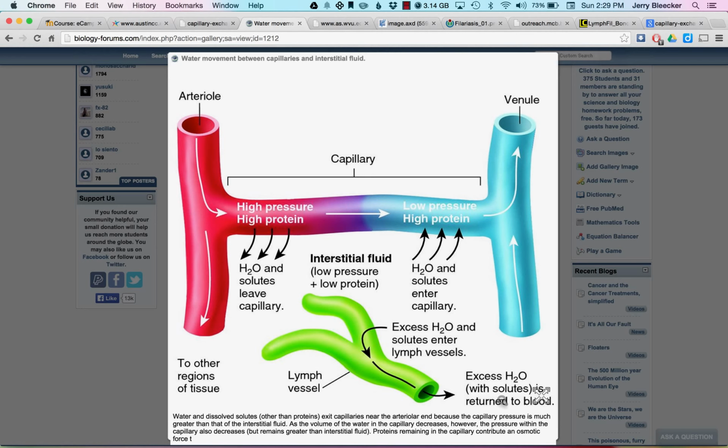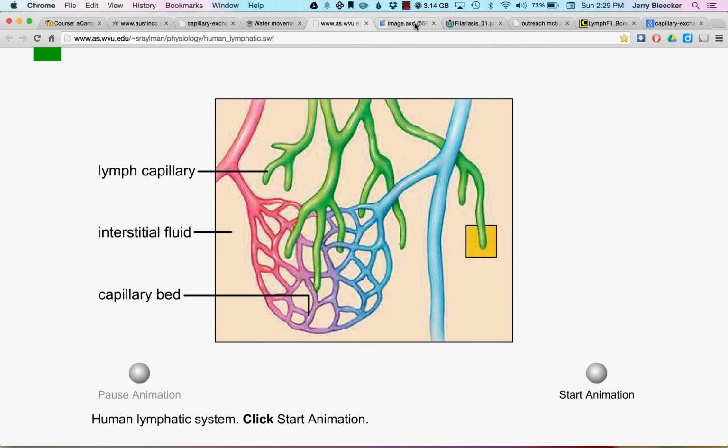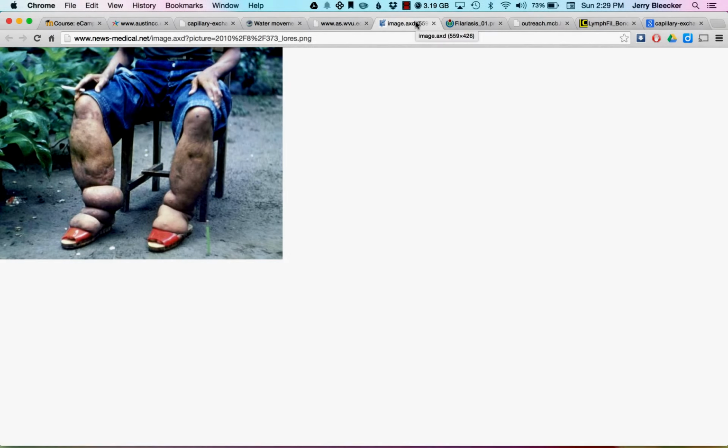Now, it's pretty important to do this because if you don't drain excessive fluid in the tissues, you may remember this from Biology 11, there's a tropical parasite called the filarial worm. If you're bitten by a mosquito, it can introduce this worm into the blood, and it makes its way into your lymphatic tissues.